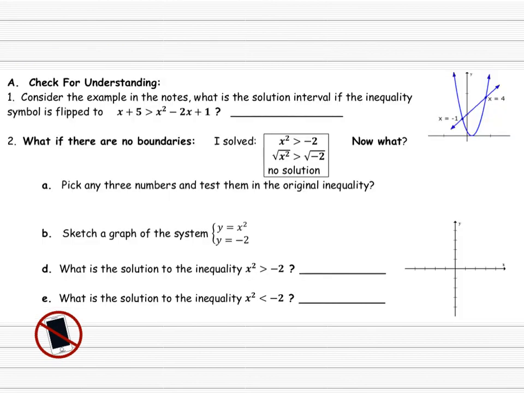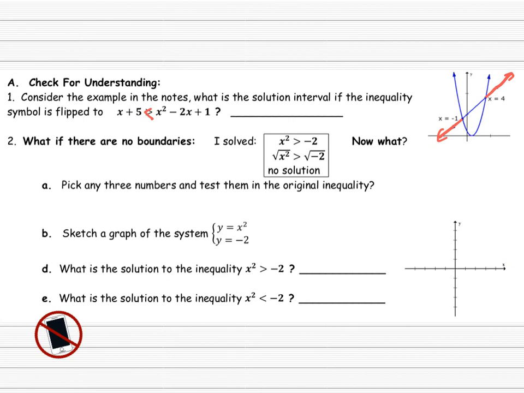One of the checks for understanding at the top of your worksheets caused a fair amount of confusion in class, so I wanted to make sure to go over it. On our first problem that we did, we had this inequality with the sign facing that way, and our solutions went out to infinity in both directions instead of between them.